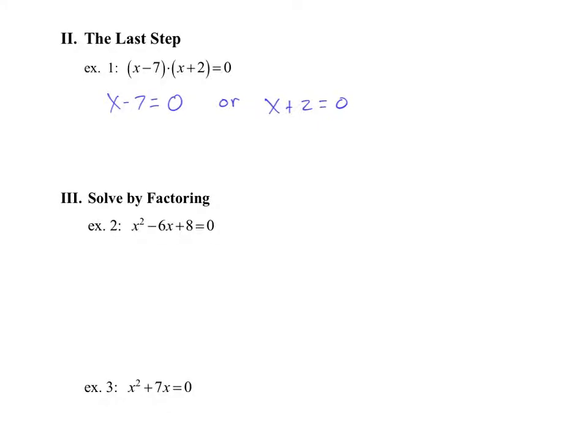And from there, you just go through and solve it. Well, what x value would give me that first one being 0? Well, x could be 7. So one of the places that this graph would cross the x-axis would be at 7. Or for my other one, I could subtract 2 from both sides. The other x-intercept, the other place it crosses the x-axis, is at -2, because those are the two x values that will give you a y value of 0. Make sense?